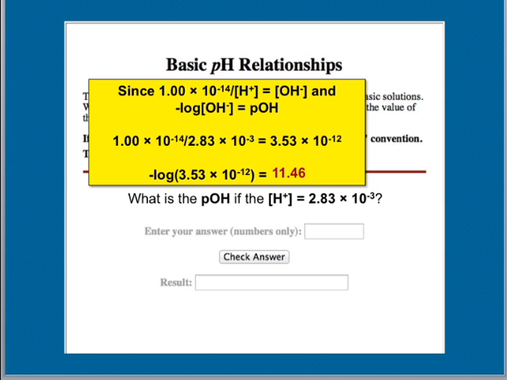With any luck, you'll get about 11 and a half. Now, clearly, there are two ways you could have done this problem, right? You could have figured out the pH, subtracted from 14, and got the pOH. But we're going to do that in just a second.